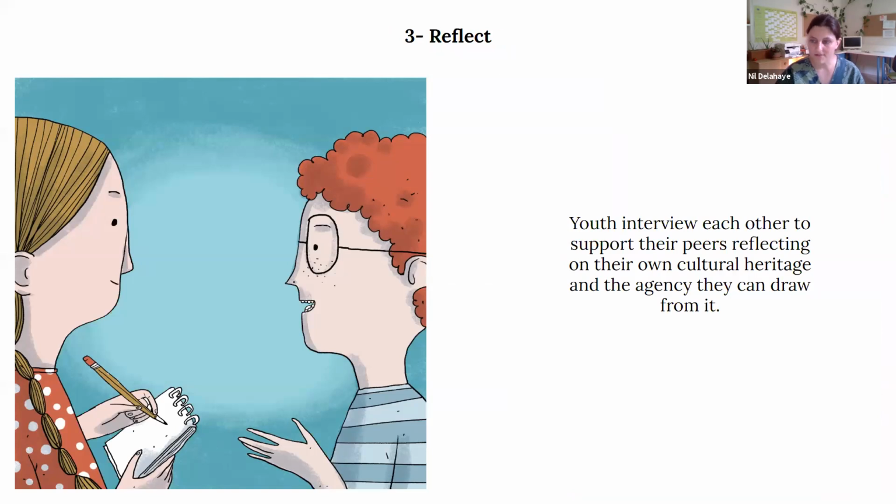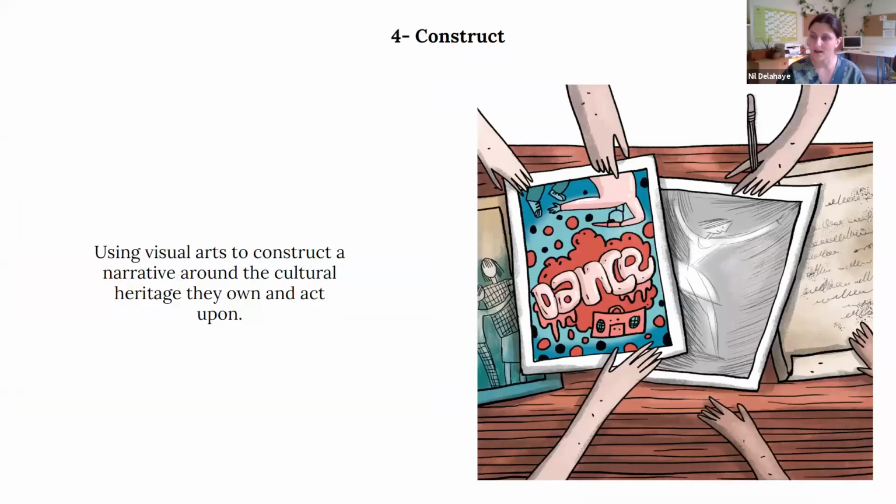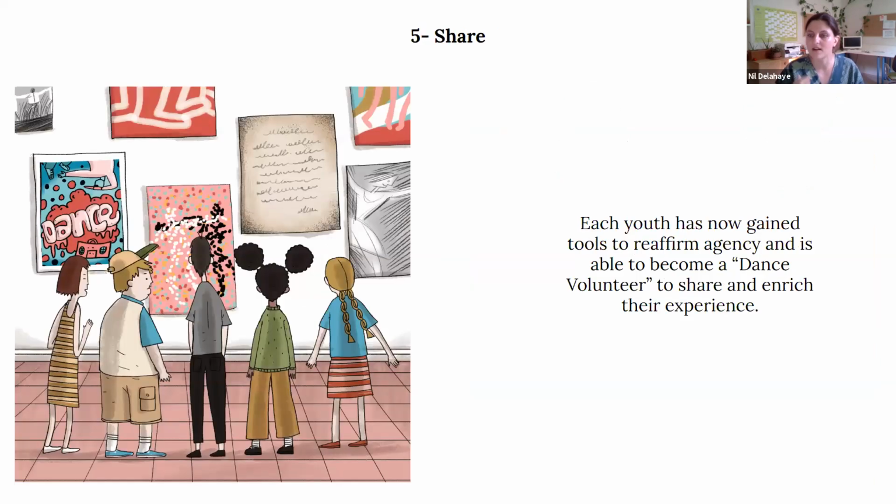And the fourth session is to construct, where children use more visual art tools where they can narrate and own the narrative of their own path and their own cultural heritage through doing posters, drawings, and so on. And at the end, the fifth session is where they can share.